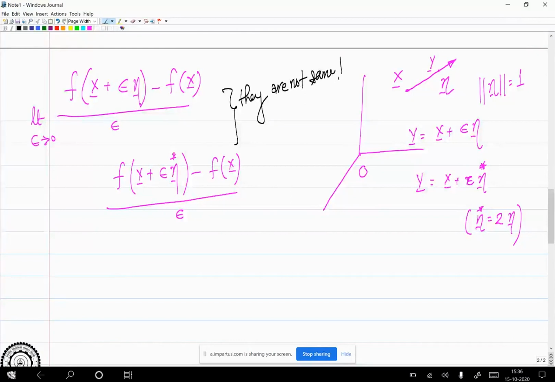And it is not the case that, because eta star is 2 times eta, the two derivatives will be related by a factor of 2. Nothing like that. The argument is changing twice as fast, but that doesn't mean the derivative will also be twice, because the function f need not be linear in its argument. It can be non-linear also.